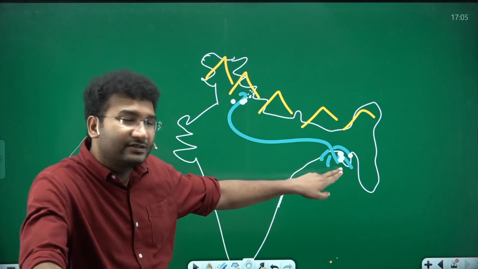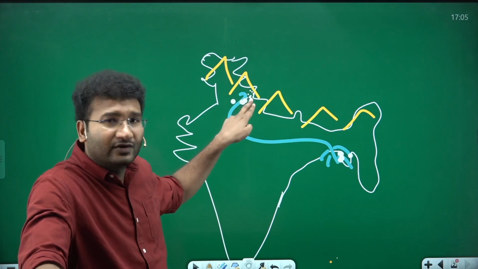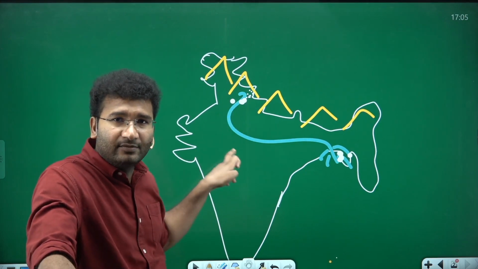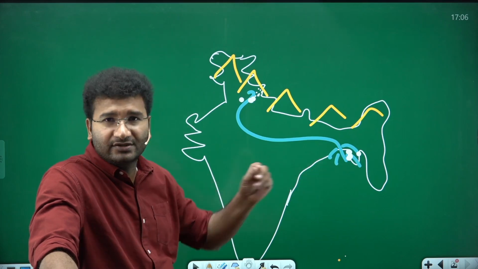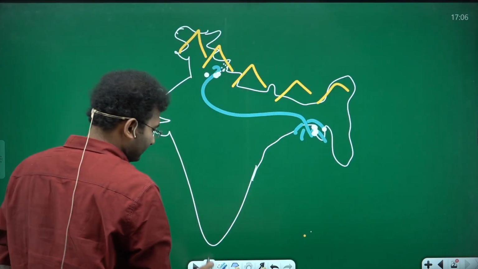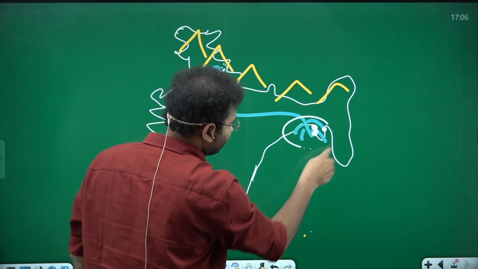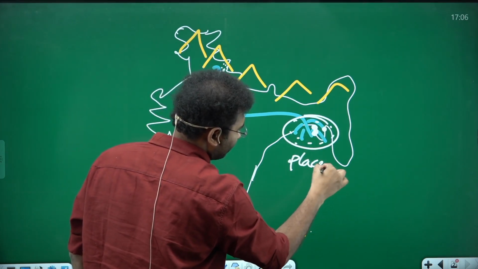What is the source of this mineral? The source of the mineral was here, but it was carried by the river and deposited here. So these finer deposits are called placer deposits.